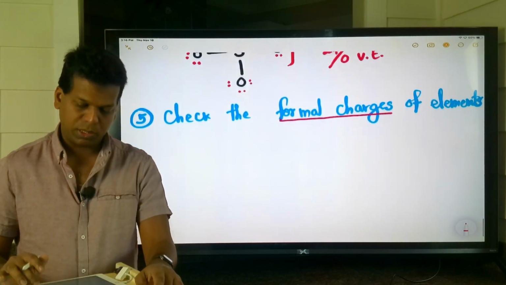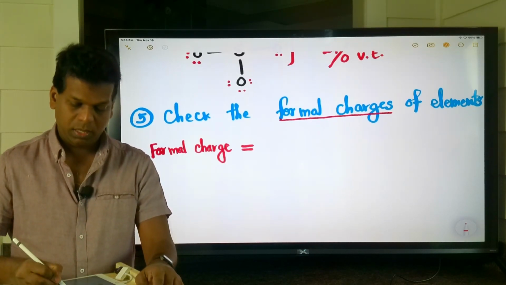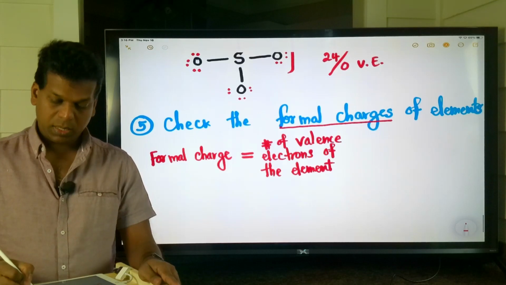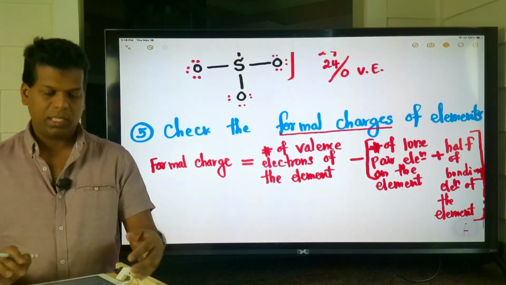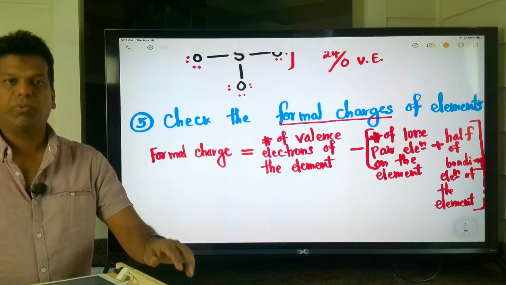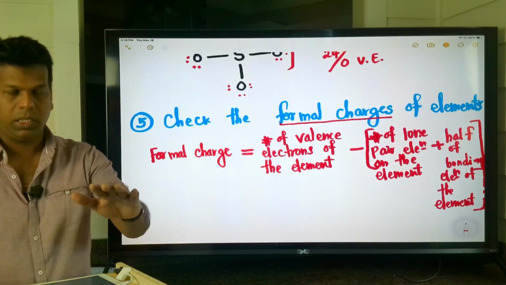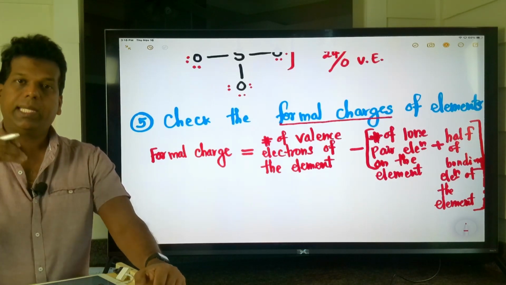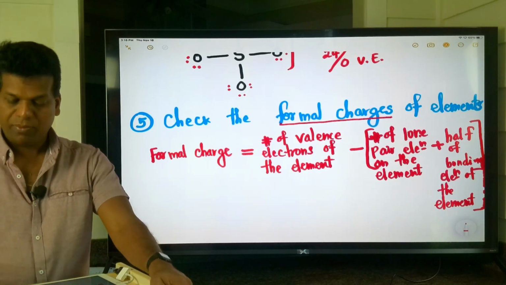The formal charge of a given element is the number of valence electrons of that element, which you get from the periodic table, the group number, minus the number of lone pair electrons on sulfur, or whatever the element in question, minus half of the bonding electrons.